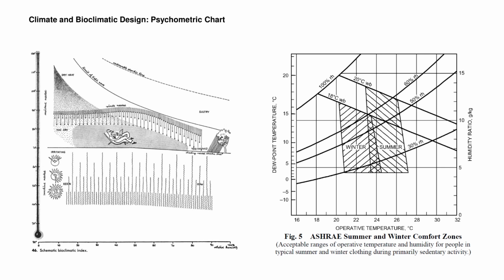The graph on the right is an ASHRAE version, which on the other hand accounts for 4 environmental factors: operative temperature on the horizontal axis, dew point temperature and humidity ratio on the vertical axes, and %RH indicated by curved lines. The areas highlighted with hatched zones indicate acceptable ranges of operative temperature and %RH for people in summer and winter during primarily sedentary activity.